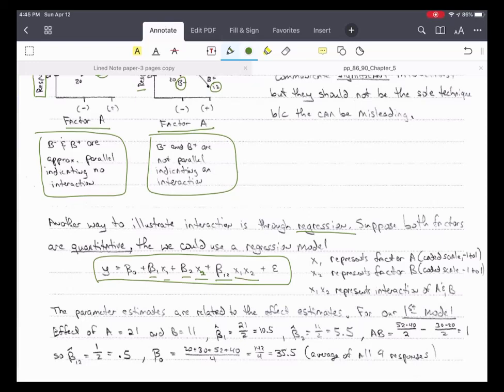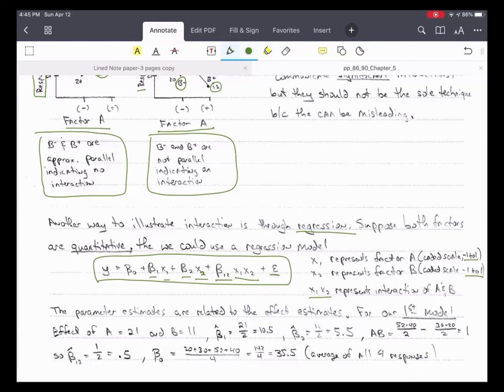You'll notice that we do interaction by multiplication, and then we have epsilon for our error, okay? x1 is going to be coded on a scale from -1 to +1, so would x2, and x1 times x2 would be the interaction of A and B.